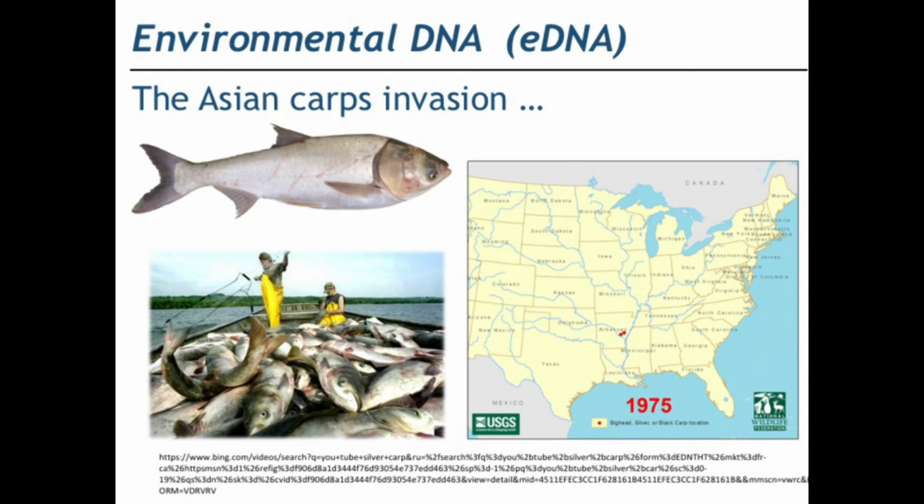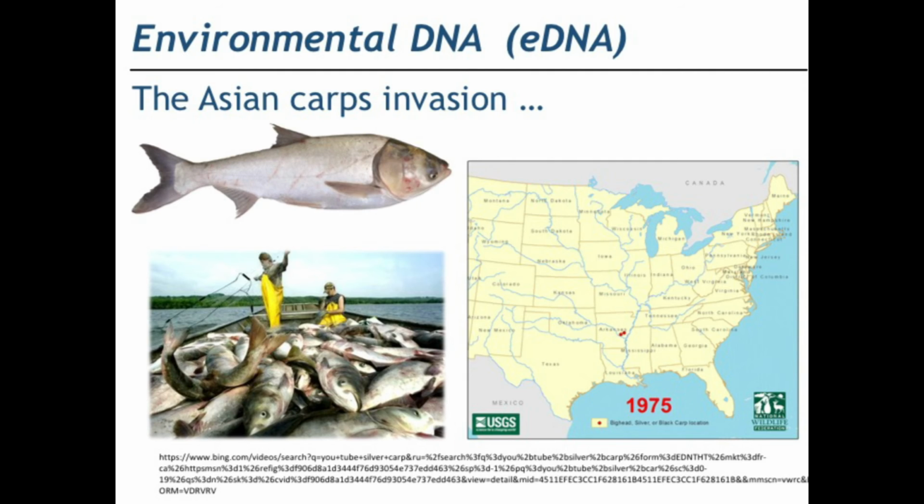Okay, another thing environmental DNA has been very useful for is tracking the invasion of new species. One famous group of invasive fish species tracked in North America is the so-called Asian carps.